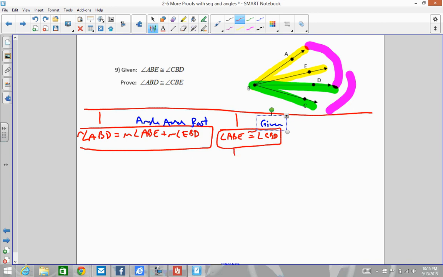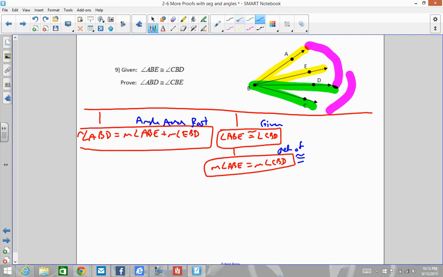I need an equal sign. So the measure of angle ABE is equal to the measure of angle CBD. And that's my definition of congruence.